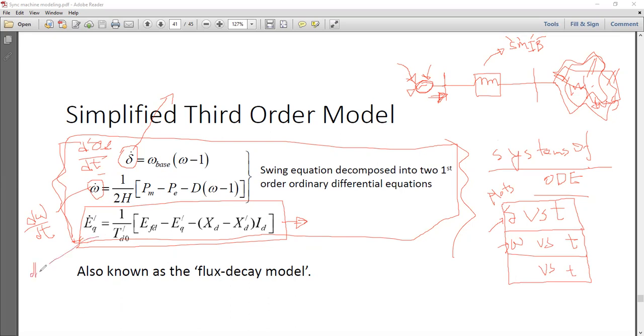So this equation is simply dEq prime over dt. So when I say I'm looking for the solution, I'm looking for this Eq dash versus t. So while we will be solving this, we'll be looking at specifically these three graphs or plots, time domain plots.